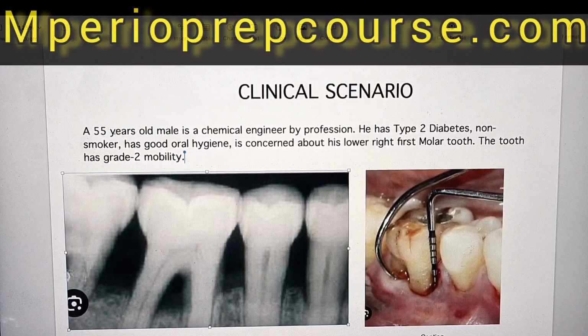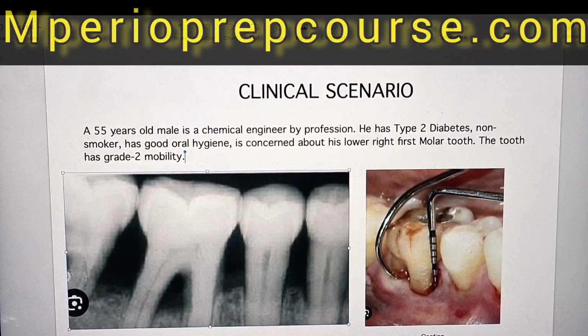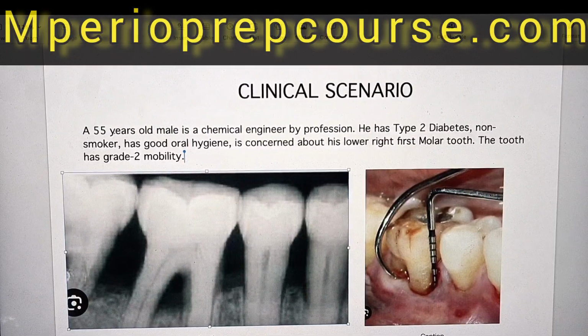Okay. Now looking at the scenario, there is a grade 2 mobility. So if you raise this flap, don't you think it will increase the mobility of the tooth? Yes, there is a possibility that it will increase the mobility of the tooth.